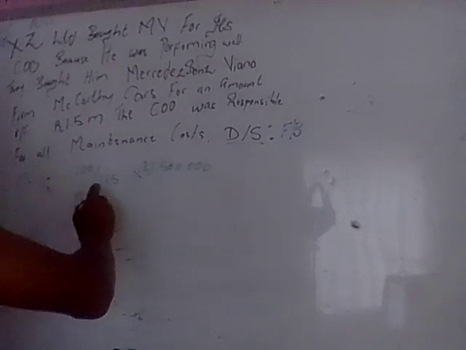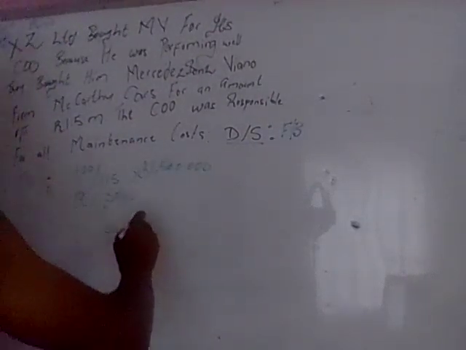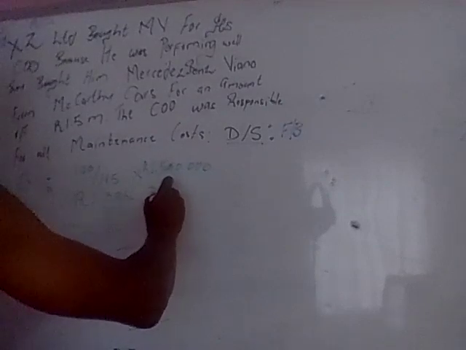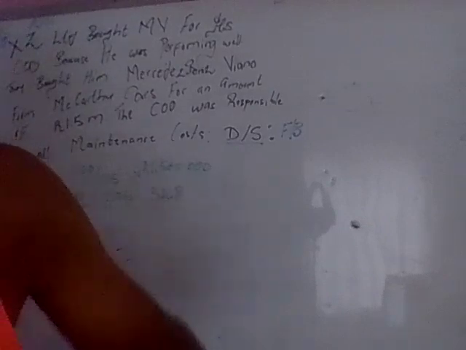Something wrong here. Okay, let's start again. 100 divided by 115 times 1.5 million rands. We get 1,304,348 rands. That is the exclusive of the VAT amount, right?